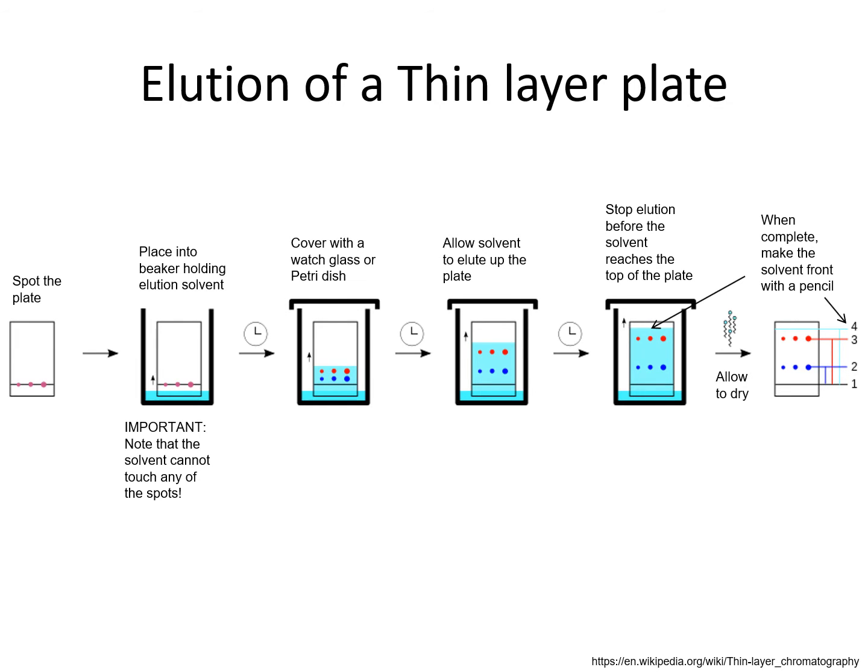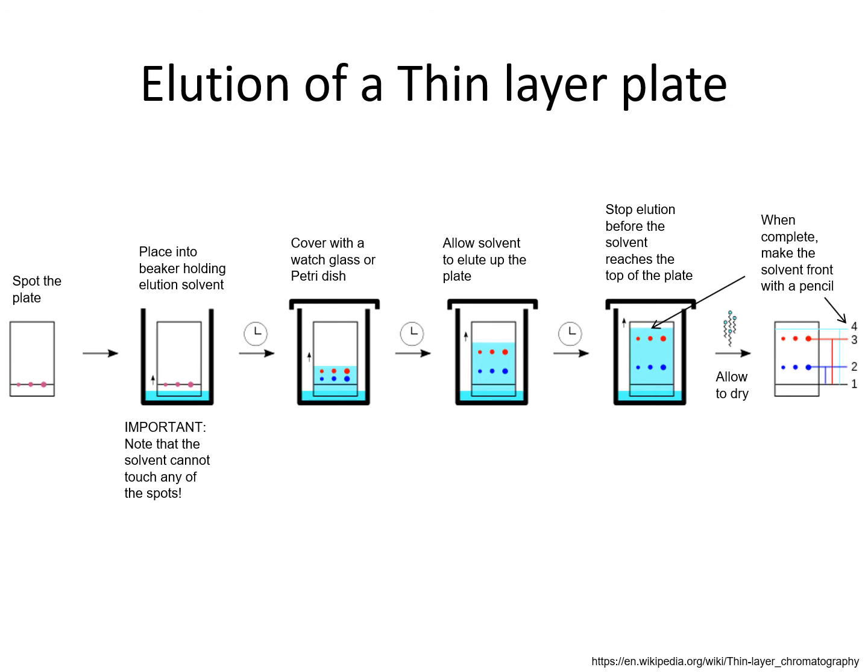So these are all the steps for the experiment. We will have a desired size thin layer chromatography plate, which also depends on the size of the chamber we're using.